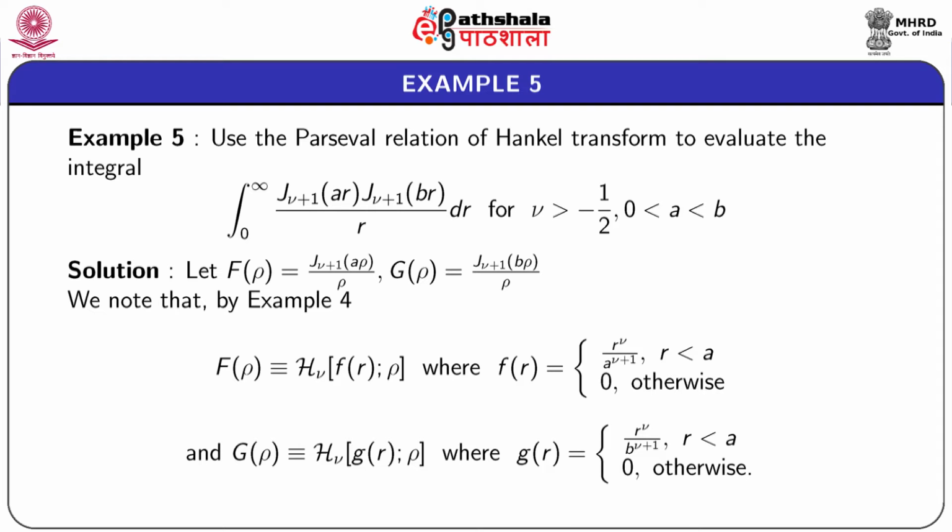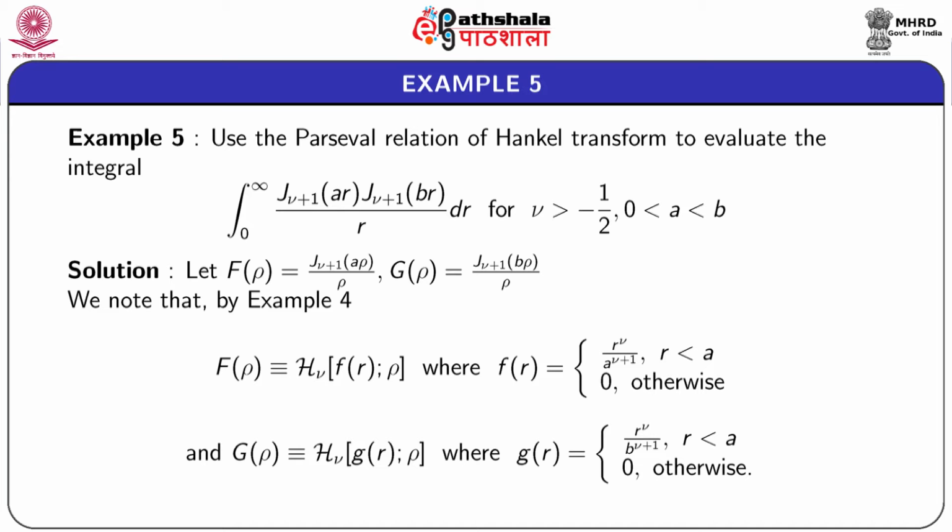And from example 4, we note that capital F rho is the Hankel transform of small f(r), where small f(r) is r to the power nu by a to the power nu plus 1 for r less than a and 0 otherwise, and capital G rho is the Hankel transform of small g(r), where g(r) is r to the power nu divided by b to the power nu plus 1 for r less than b and 0 otherwise.